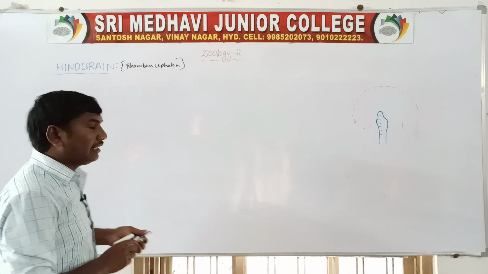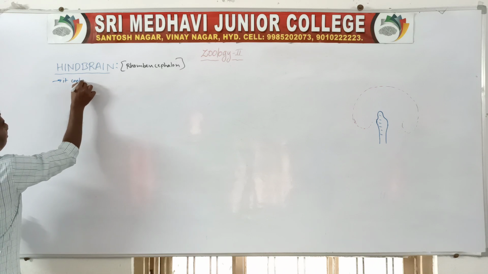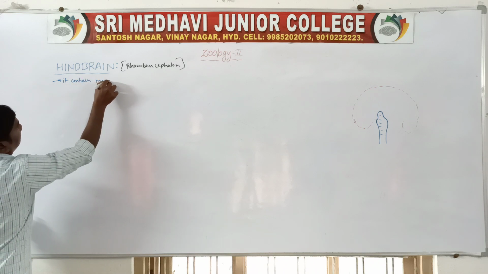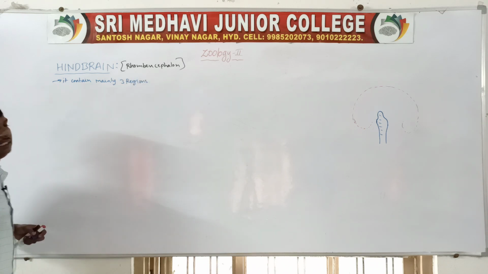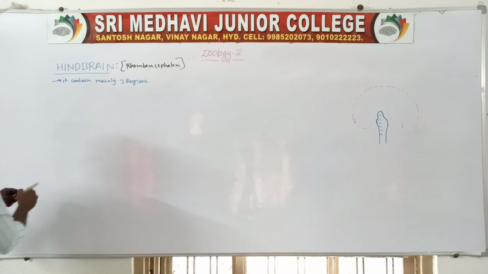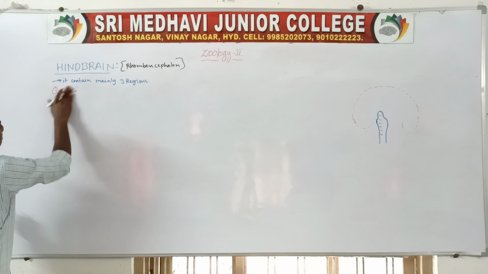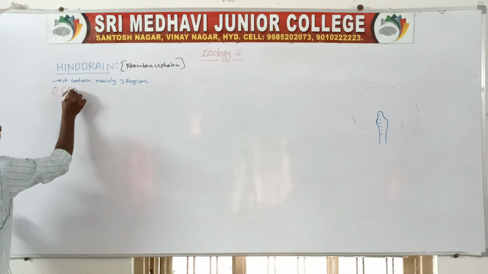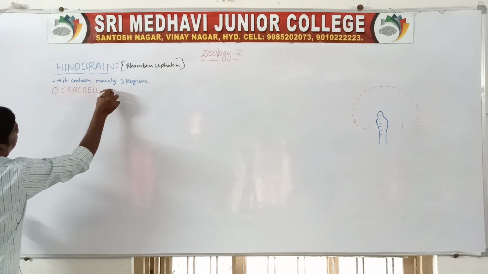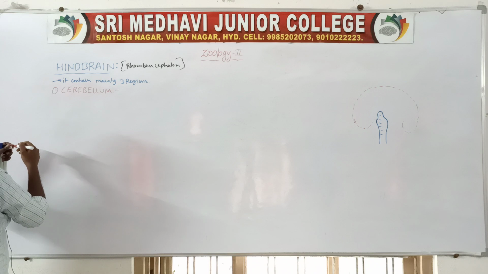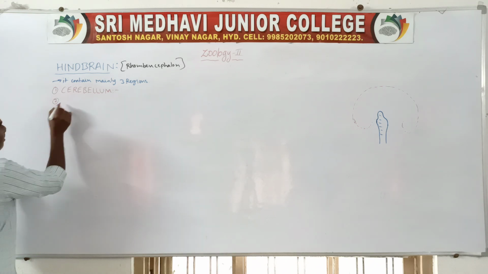It contains mainly three regions. First one, cerebellum.